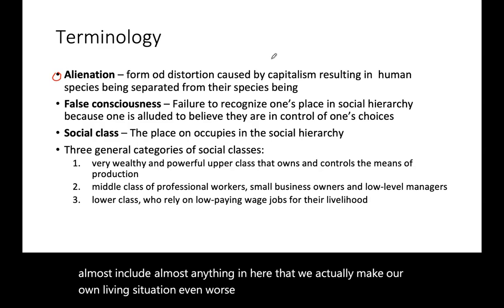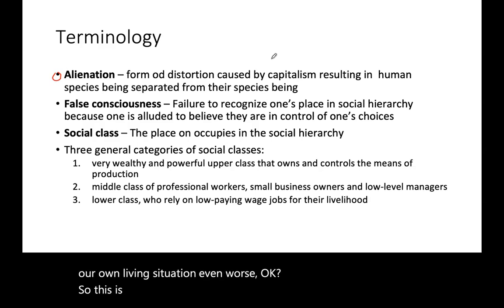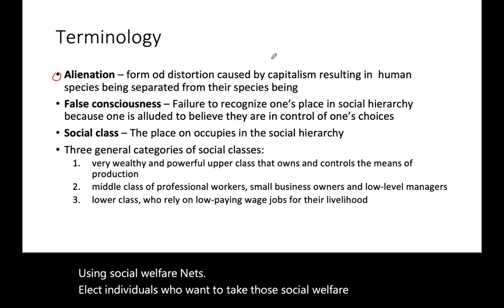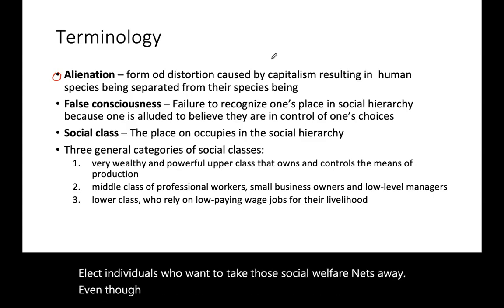So this is when we think capitalism is such a solution that people who are using social welfare nets elect individuals who want to take those social welfare nets away, even though they use them to survive. That's an example of alienation.